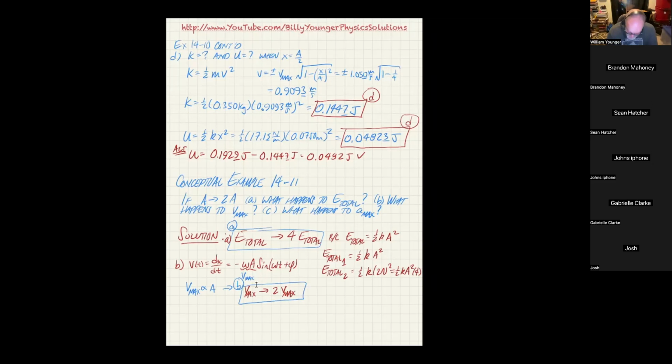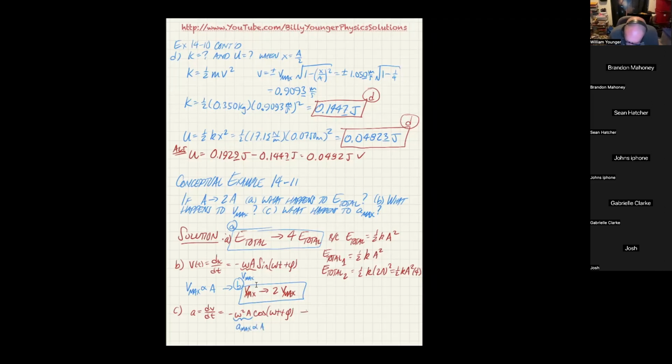Now the other part is part C, and a is equal to dv dt, which you can tell is going to be negative omega squared A cosine omega t plus phi for any arbitrary problem. And you see that this is A max, and A max is proportional to A again.